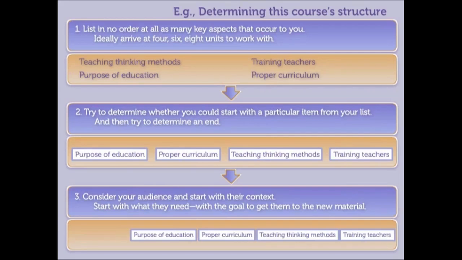You, therefore, have to select the starting point in your structure, not according to what you know, but according to what they do. You have to, in effect, put yourself in their mind while still being in your own. You start with what they need, while remembering that the goal is to get them past where they are into the new material that you have. In other words, you have to know the cognitive context of your audience.